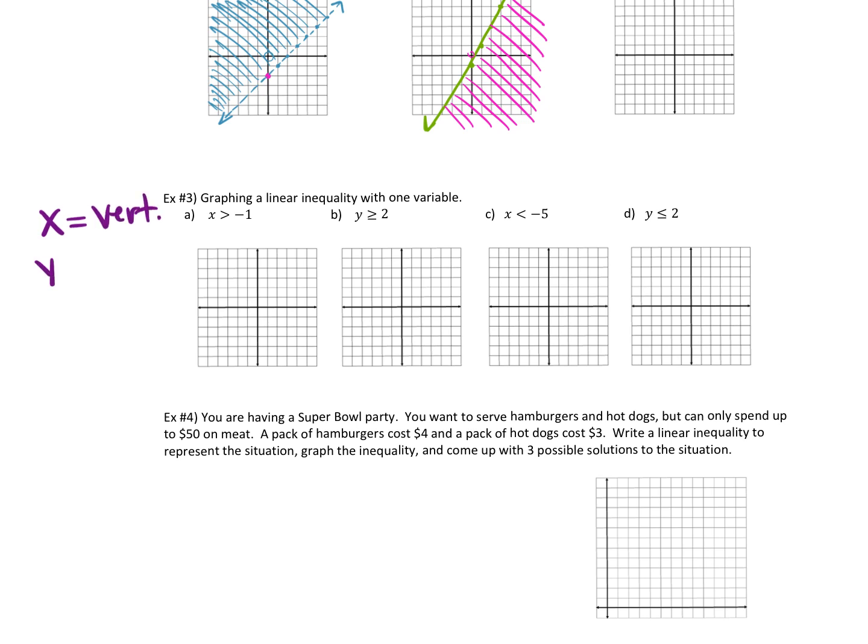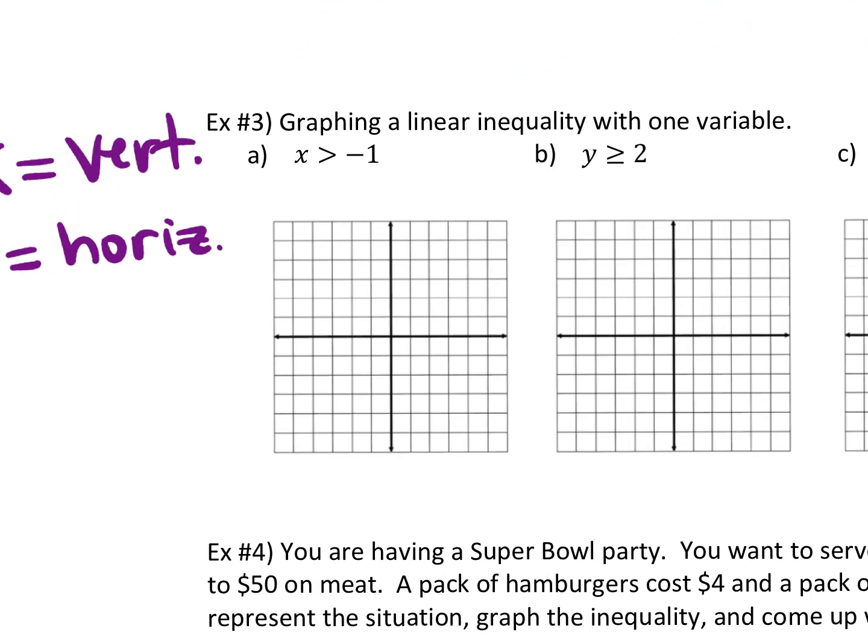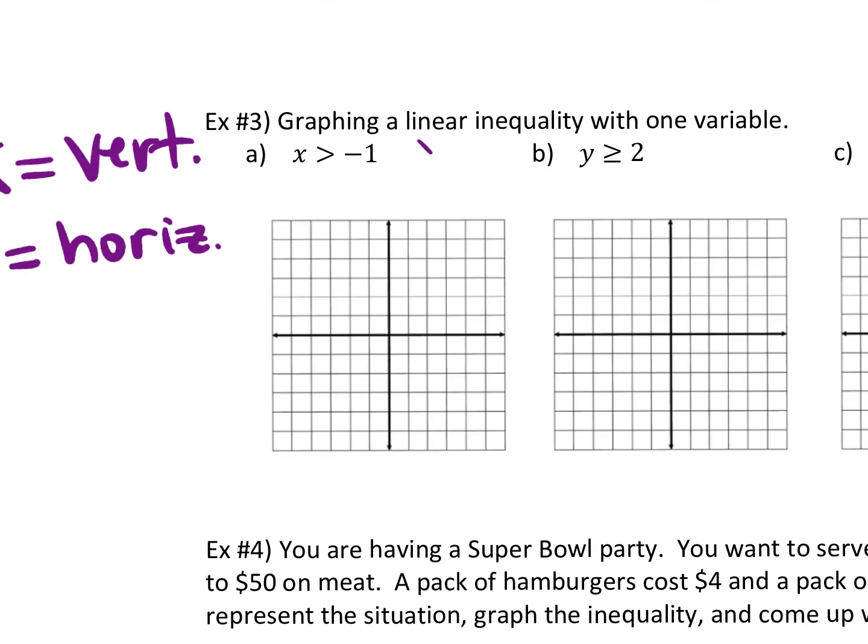Okay. When it was y equals, it was a horizontal line. The same will be true right now. It's not an equal sign anymore, but it's still going to be the same type of line when all you have is that one letter. So graph this as if it's x equals negative 1. But then pay attention to dotted or solid and where do we shade, okay?